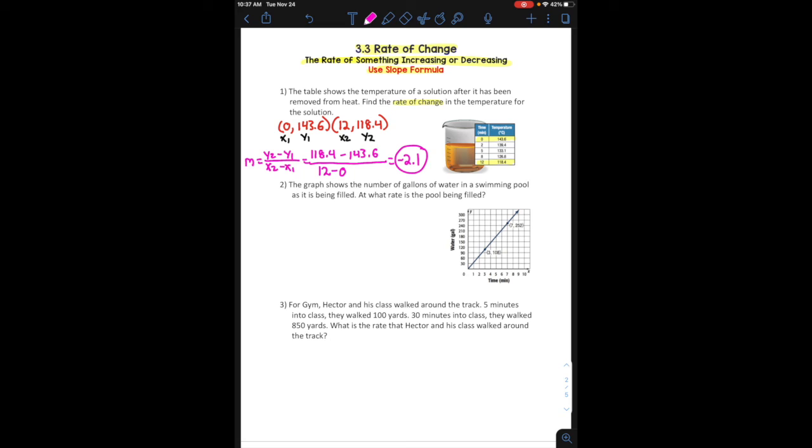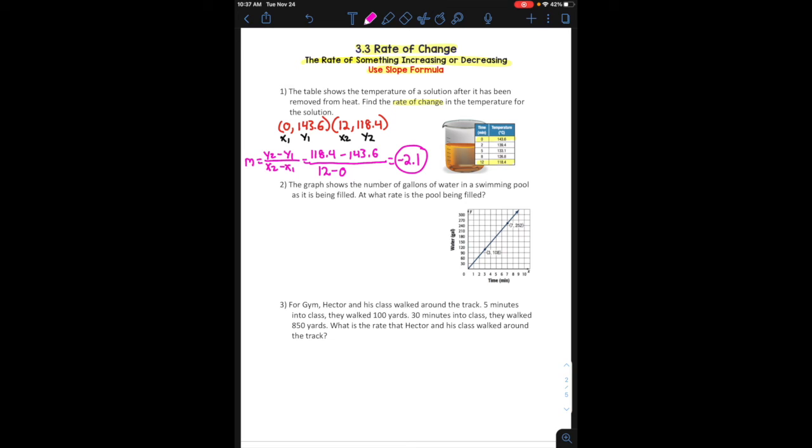What is this answer telling us about the rate of the temperature changing? Well, since it's negative, we know the temperature is decreasing. How much is the temperature decreasing by? It is decreasing by 2.1 degrees Celsius. So our answer will be the temperature of the solution is decreasing by 2.1 degrees Celsius per minute.